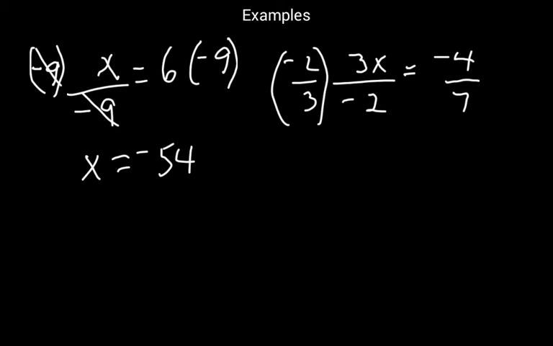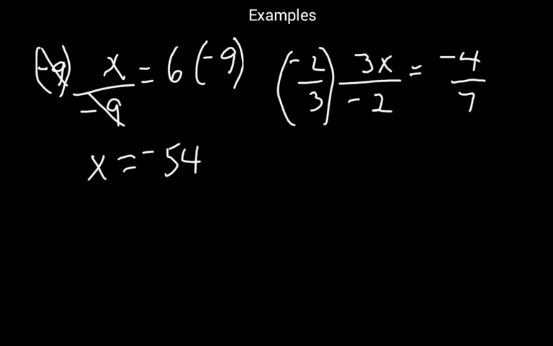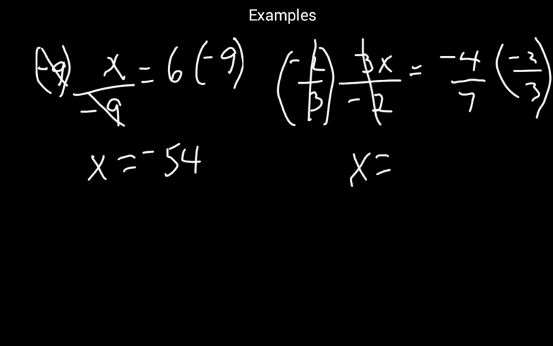Take this number, 3, put it down here, take the -2, put it up here. Then do the same thing to the right side. Multiply by -2 over 3. So this would cancel, leaving x equals, then -4 times -2 is 8, and 7 times 3 is 21.